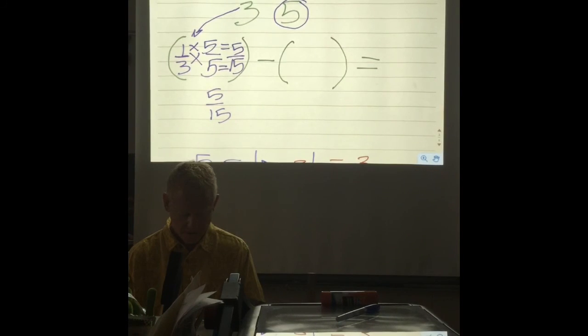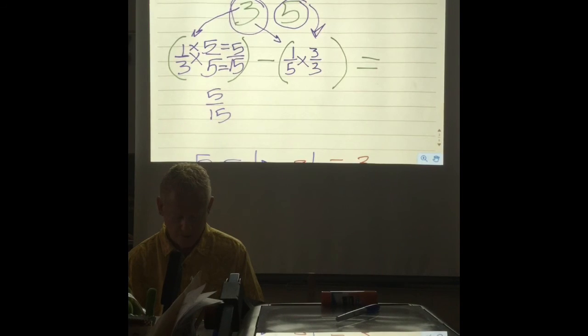All right, now what do we do on this side? Do you remember? What are we going to write there? We're going to write 1/5, and then we're going to multiply it by what number? By the 3, oh, that we take our 3 from there, right? Kind of looks like cross multiplication, kind of, doesn't it? Okay, 1 times 3 is 3, and 3 times 5 is 15.